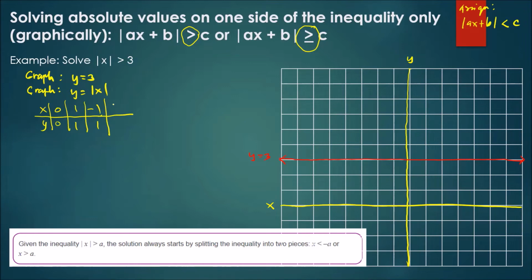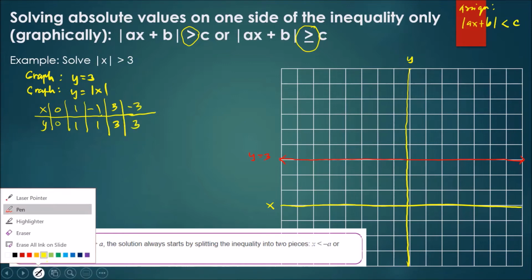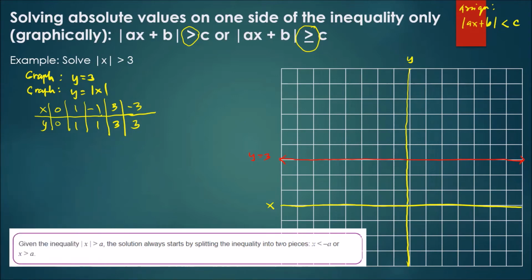So if x is 3, y is 3. If x is negative 3, y is 3. So let us graph that. So we have 0, 0. Then we have 1, 1. We have negative 1, 1. We have 3, 3. Then we have negative 3, 3. So this will be our graph.